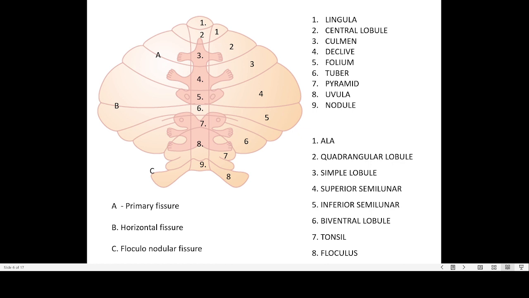Then again, in the cerebellar hemispheres there are also lobules, eight lobules. Go for these numbers 1, 2, 3, 4.